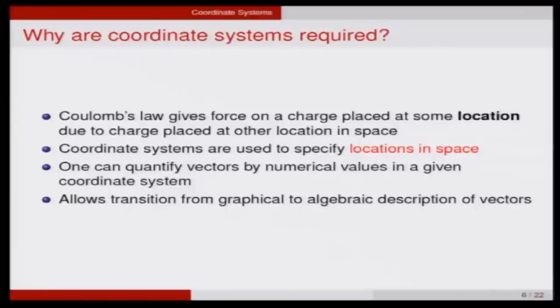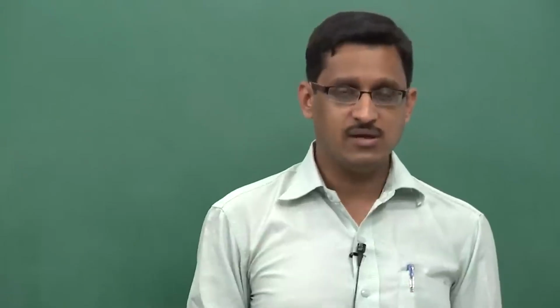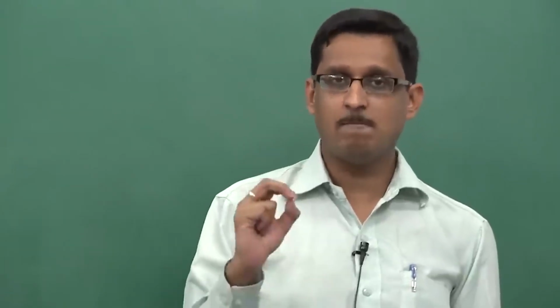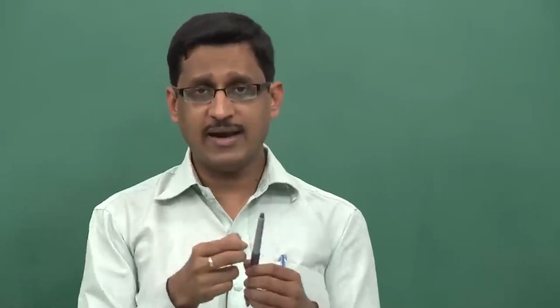This algebraic method of handling vectors can be accomplished when we introduce a coordinate system. What coordinate systems do is help you specify locations in space by numbers, as well as describe a method in which a vector can be equivalently described by a set of numbers. Now, this is a great advantage.